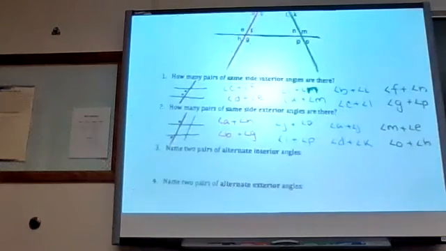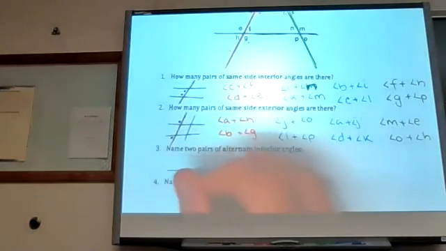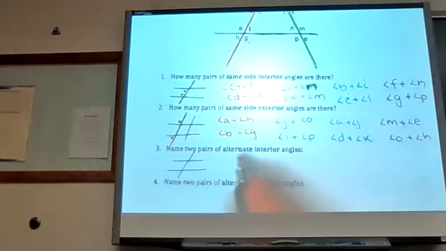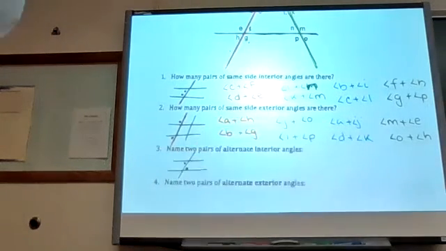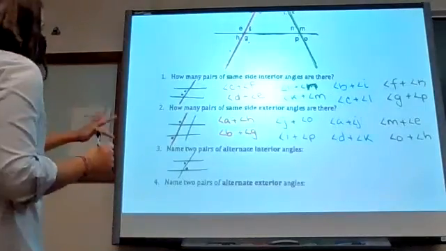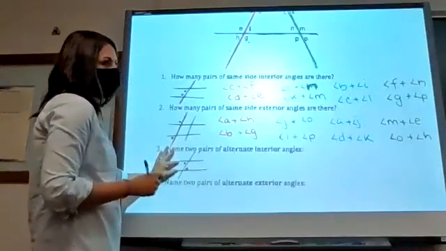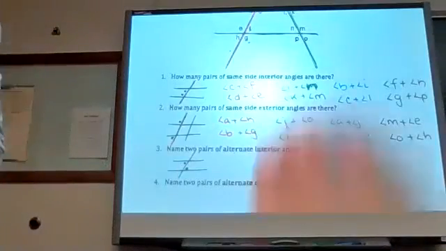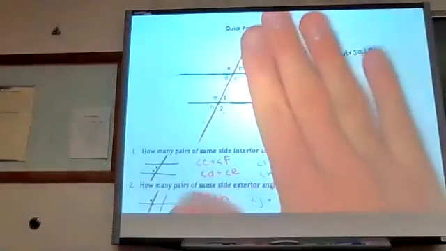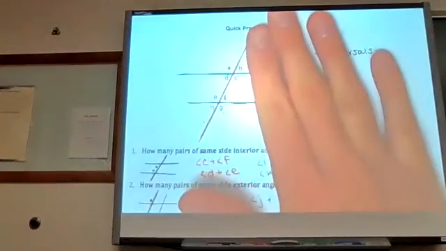Good. Now we're going to look at alternate interior. So alternate sides on opposite lines, alternate, and on the interior. I'll get you started and then I'll let you do the other three lines. On the orange line, what would be one set of alternate interior?